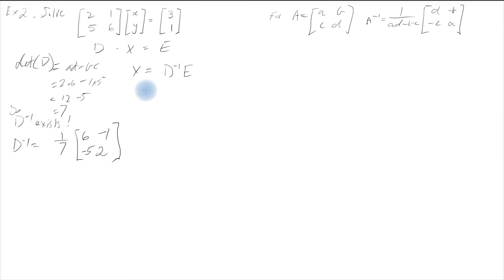So we know that X is going to be our D inverse times E. So D inverse is 1 over 7 multiplied by 6, minus 1, minus 5, 2. Multiply that by 3, 1.